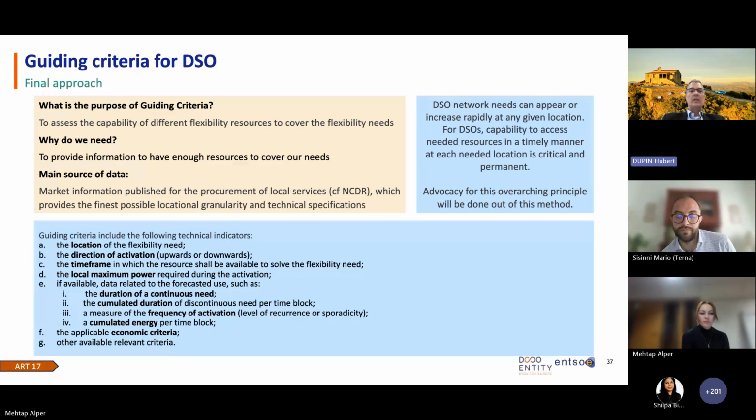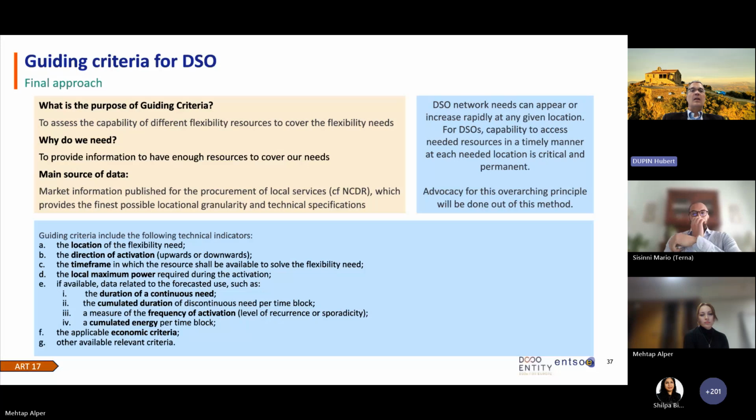So we provided a list of criteria of technical indicators, and this is for anyone who wants to make some statistics. Let's say, if I want to recruit assets of such and such size, how much can I get? Well, we believe it is easier for them to get the raw data, which is already published, and assess it in any way they can to see what kind of services they can provide based on their resources.